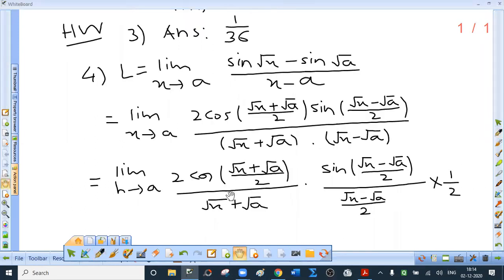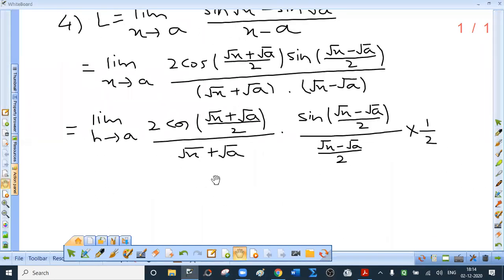Now in the next step, I write this as limit x tends to a. This 2 gets cancelled.